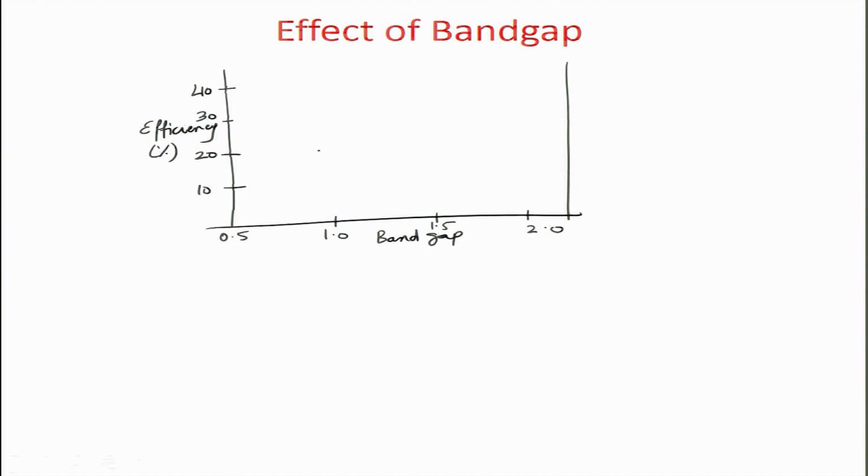So, the maxima in the efficiency is achieved at around these points, and it goes something like this. It is not exactly flat, it has some sort of ripply behavior, and within this range of 1 to 1.5 these are the, you can say, the optimum band gaps.